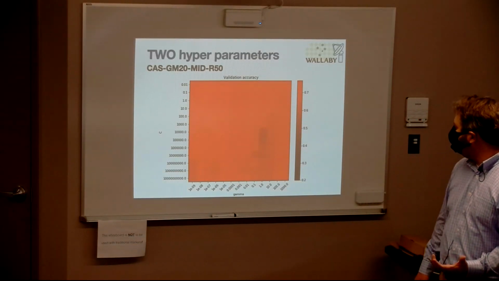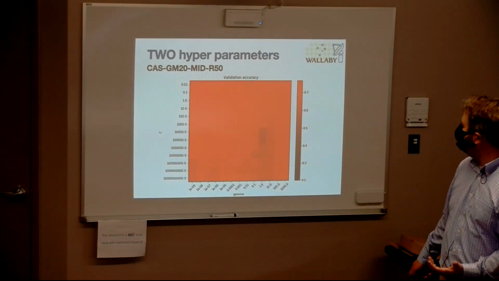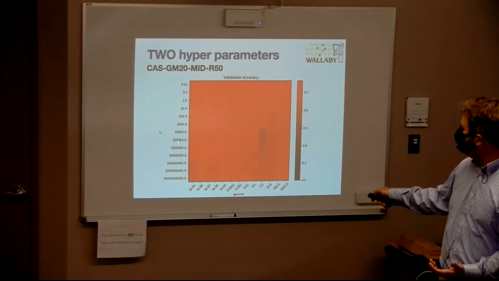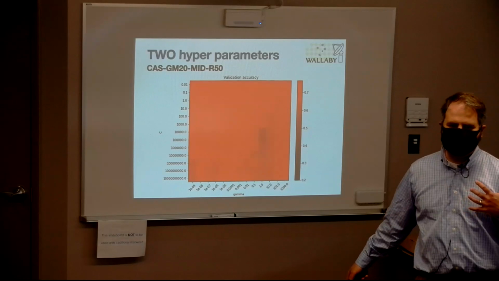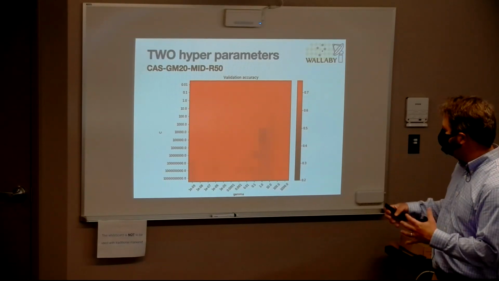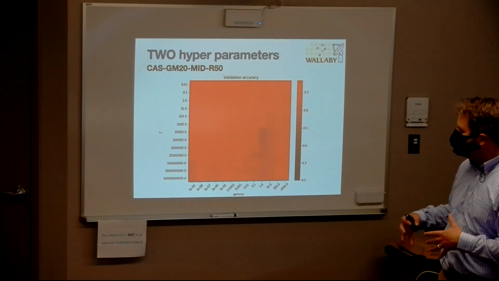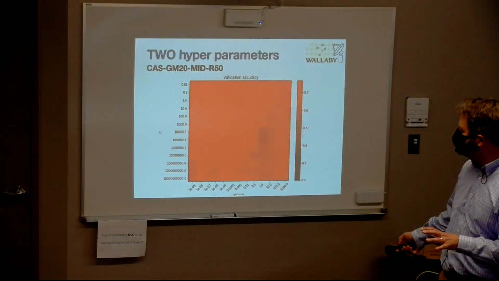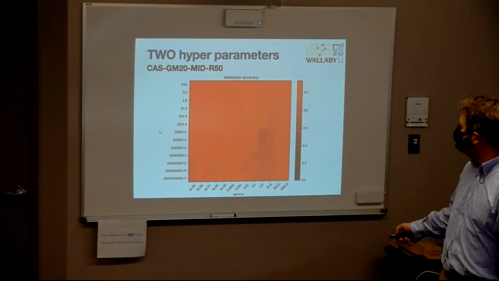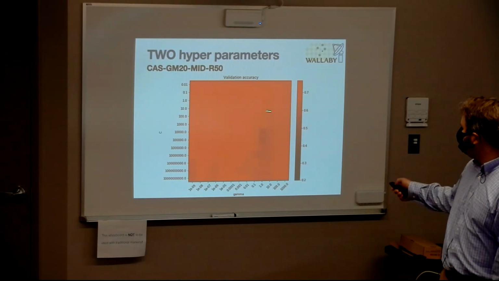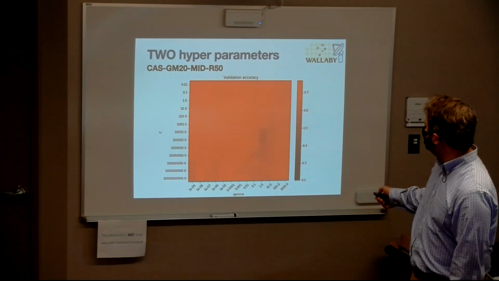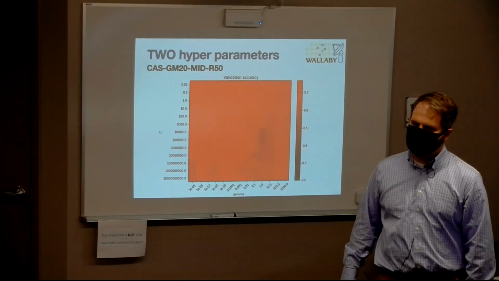Now, this is the other version of this, where you go through all, and remember, you have that other hyperparameter, which is the kernel, like basically the level of convolution between your feature space and where you want to end up. And so you run through a whole series of them and see where the accuracy is better. And you kind of see, like, yeah, they're all kind of the same.